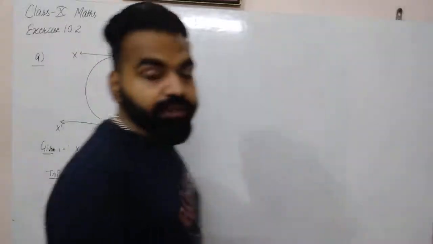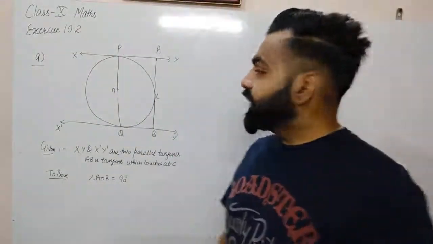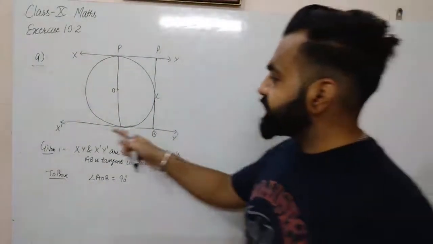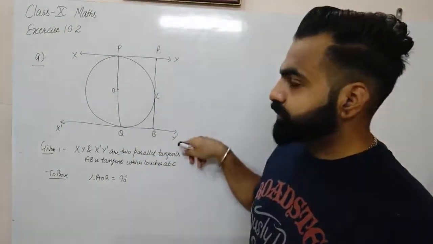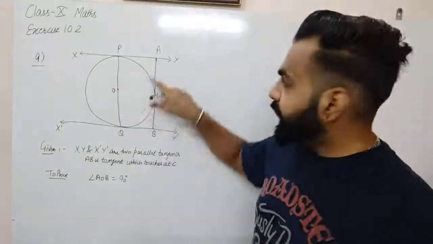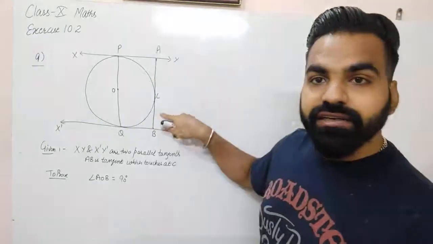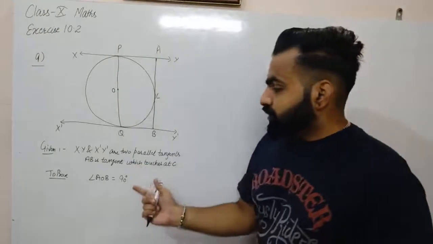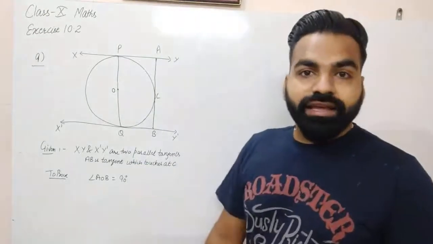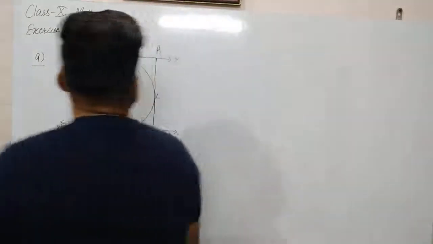Let's see question number 9 now. It is given that XY and X dash Y dash are two parallel tangents on the circle, and this AB is another tangent which has point of contact C here. So we have to prove that angle AOB is equal to 90 degrees.